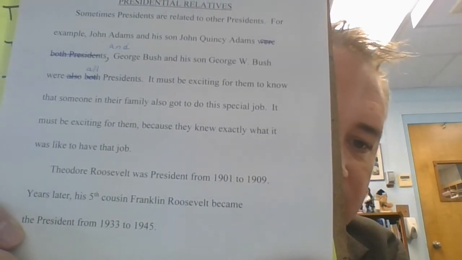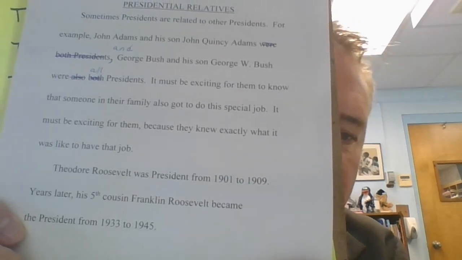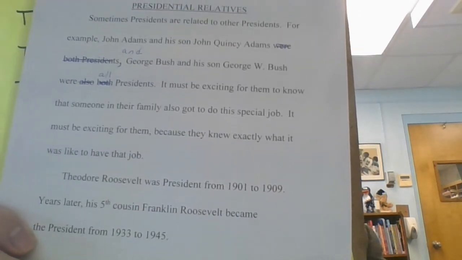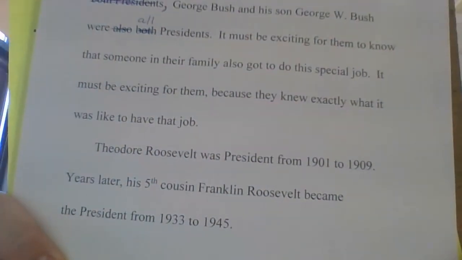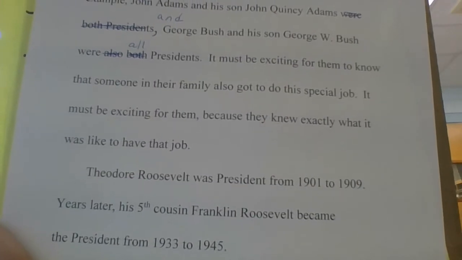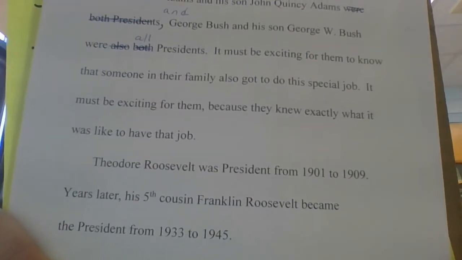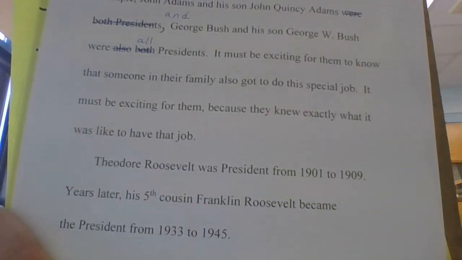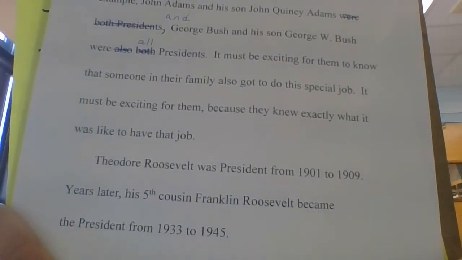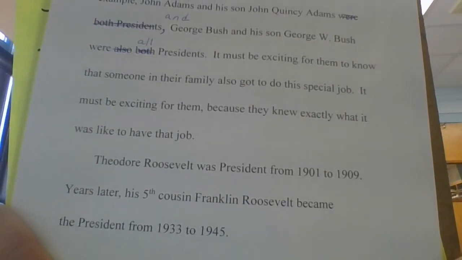Years later, his fifth cousin Franklin Roosevelt became the president from 1933 to 1945. Okay, so what I'm going to do here is try and revise my writing by adding a partner sentence. Okay, so let's read it again. Theodore Roosevelt was president from 1901 to 1909. Years later, his fifth cousin, Franklin Roosevelt, became the president from 1933 to 1945.